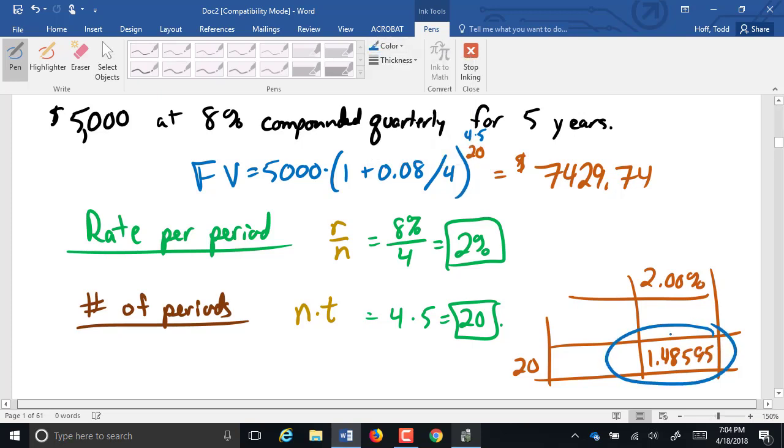That is the compound interest future value factor. So you find 2.00 on the top. You follow that column down to hit 20 on the left side. You get 1.48595.